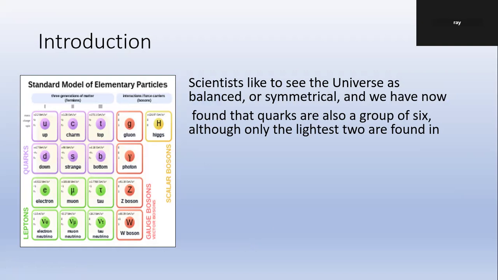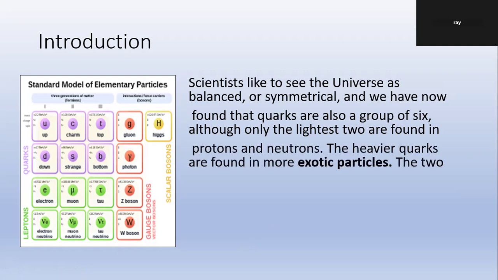Although only the lightest two are found in proton and neutron, these two. The others are heavier, and we call them a different generation. So these two are found in proton and neutron. The heavy quarks are found in more exotic particles.